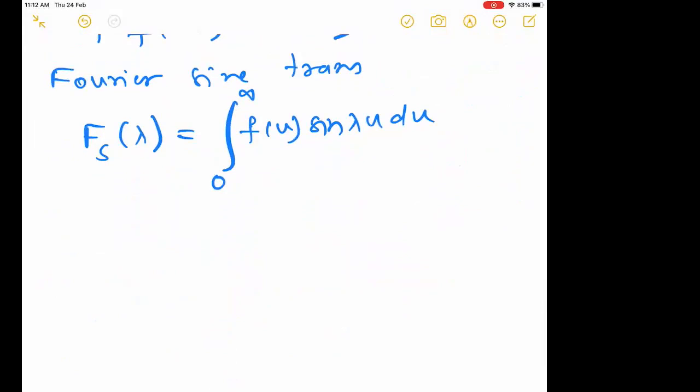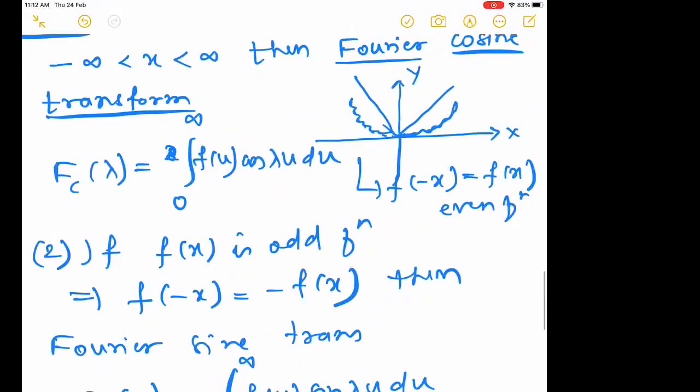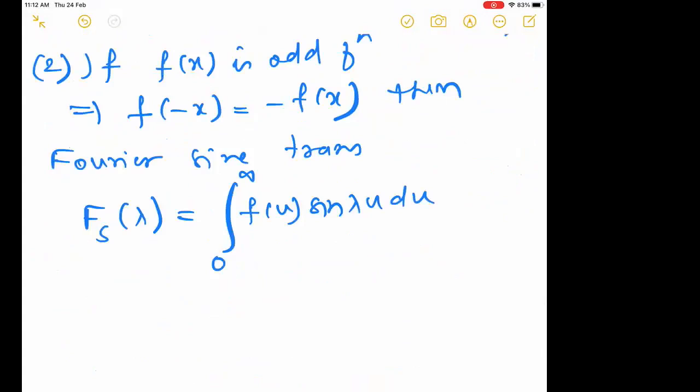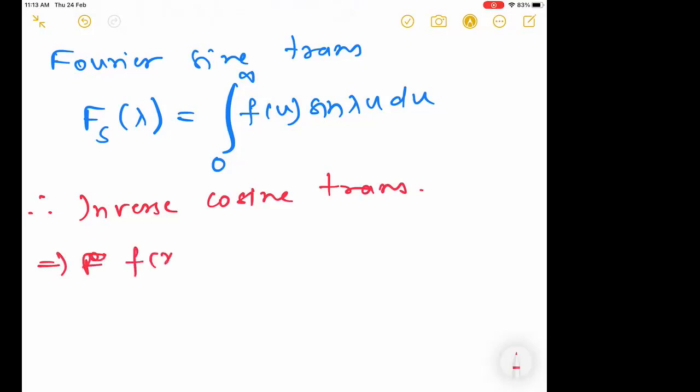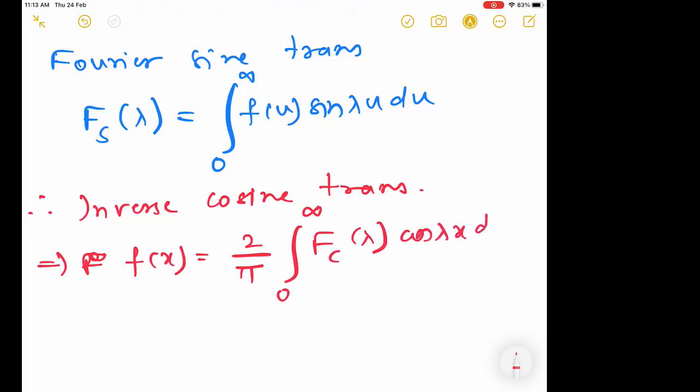And when you take the transform, certainly there exists an inverse transform. So we can write down the inverse cosine transform and inverse sine transform. The inverse cosine transform gives you the original function f(x), which is 2 upon pi, integral 0 to infinity, of whatever answer you got for Fc(lambda), put it here, into cos(lambda x) d lambda.